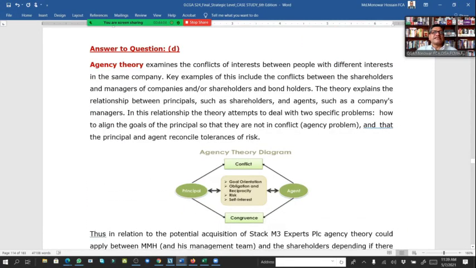And now agency theory examines the conflict of interest between people with different interests in the same company. A key example is the conflict between the shareholder and manager. So now what is the agency? The manager is an agent. The manager wants more salary, more benefit.